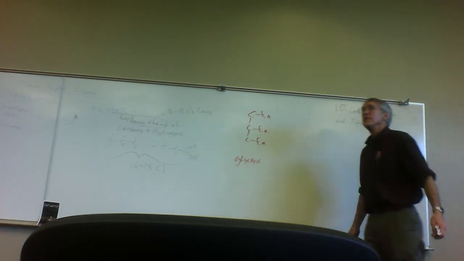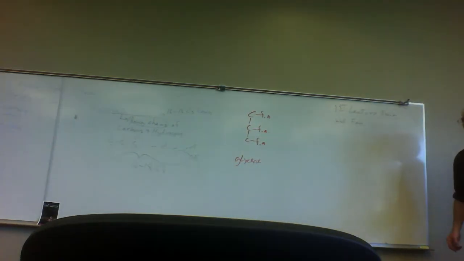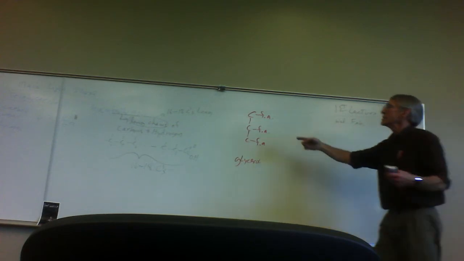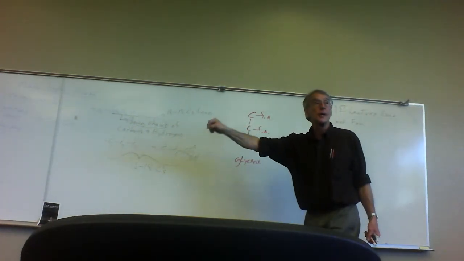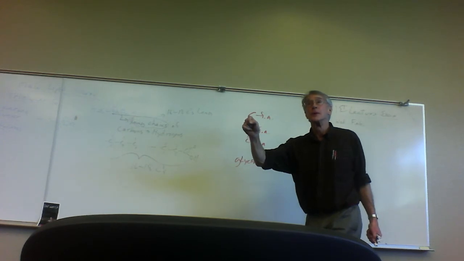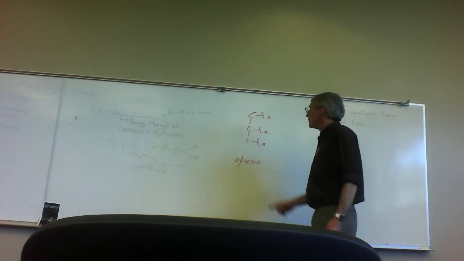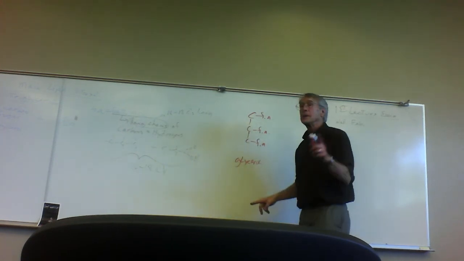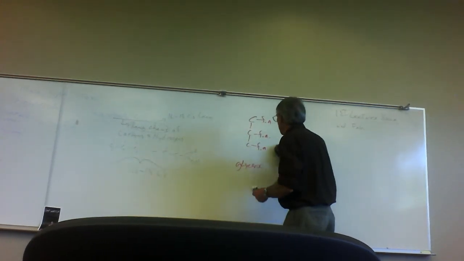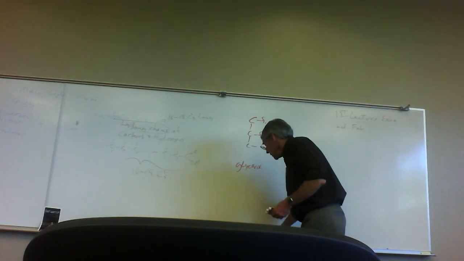So long chains. Okay, what I have over here, I erased it, but I said that cell membranes are made of phospholipids and proteins. What is a phospholipid compared to a triglyceride? So this would be a triglyceride. I'm going to convert it into a phospholipid. Here we go. Very easy.